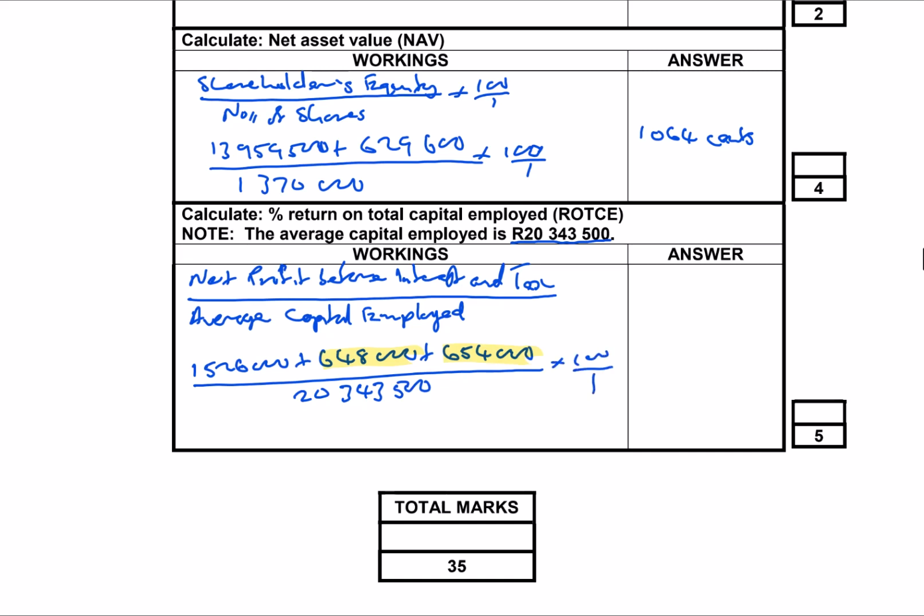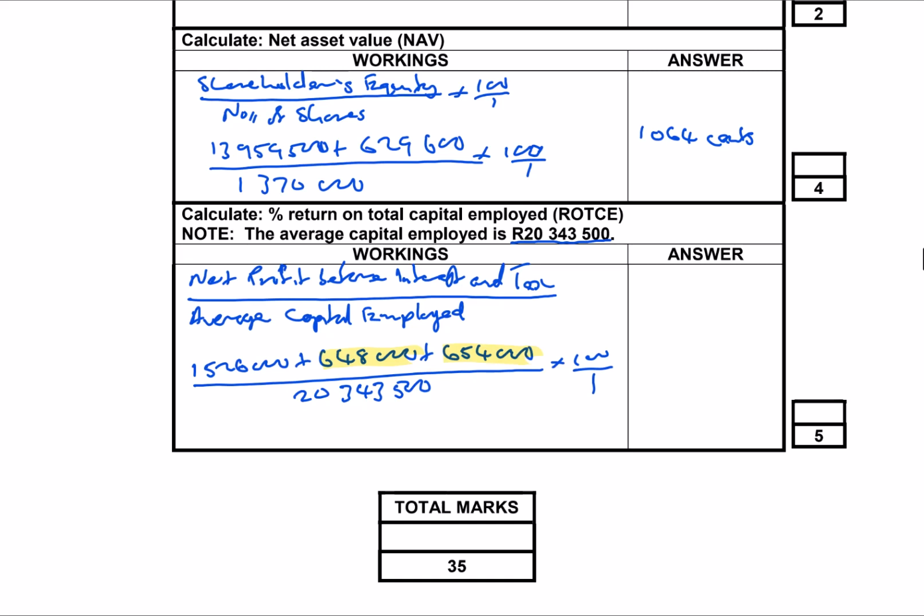That's a percentage. If you're given profit before interest and tax, you don't need to do all this. The reason I added these is because I was given profit after tax, the net profit for the year, so I need to add income tax and interest.